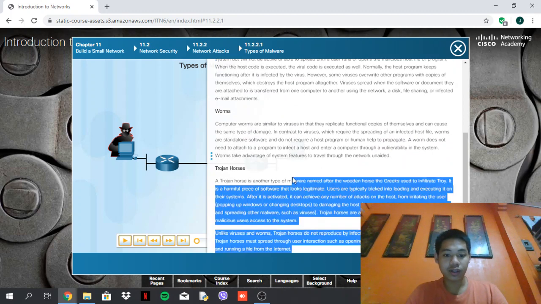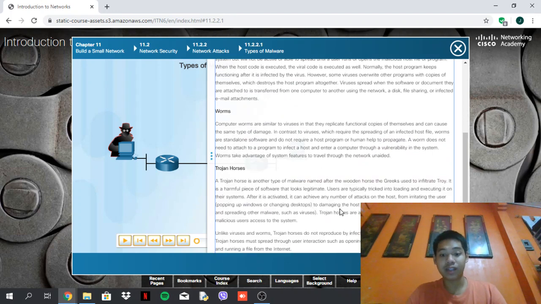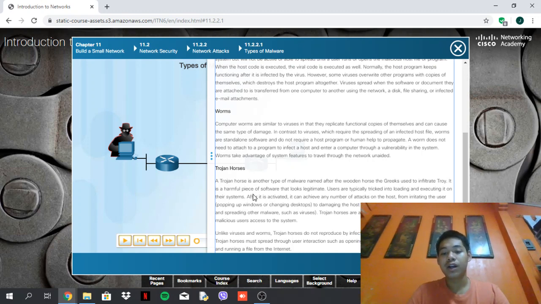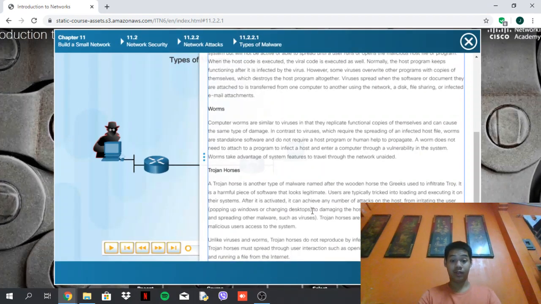While in Trojan horses, a Trojan horse is another type of malware named after a wooden horse that the Greeks used to infiltrate Troy. It is a harmful piece of software that looks legitimate. Users are typically tricked into loading and executing it in their system.